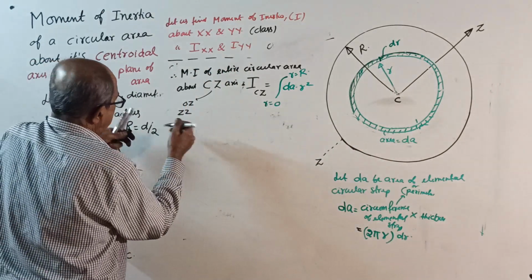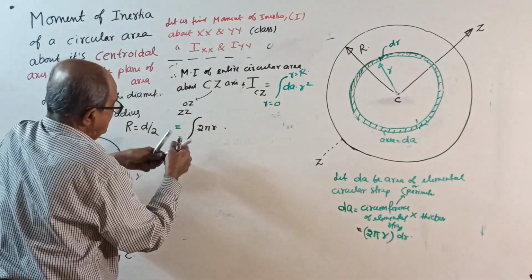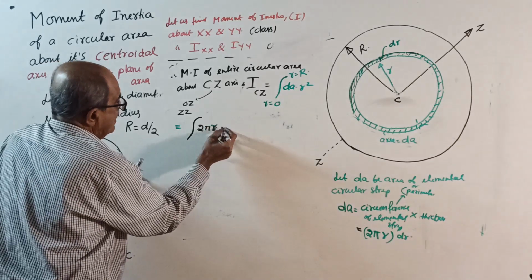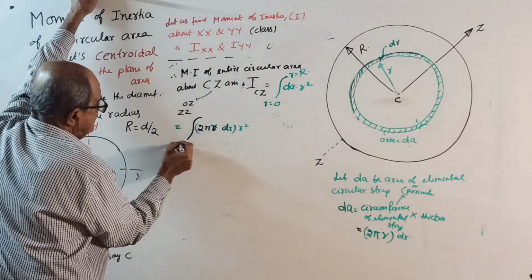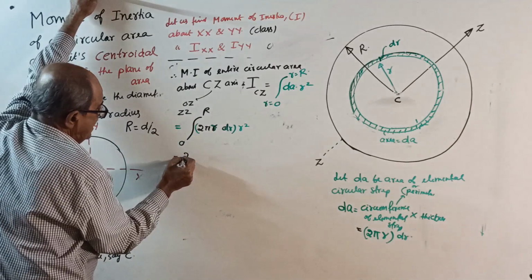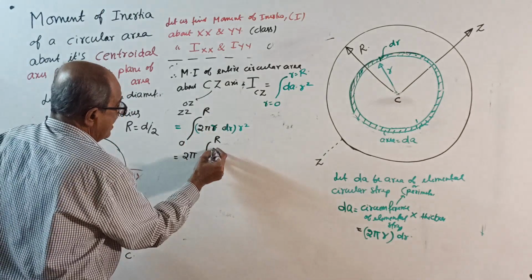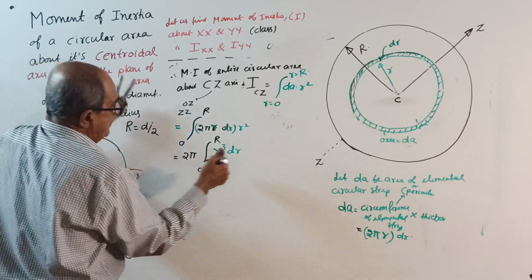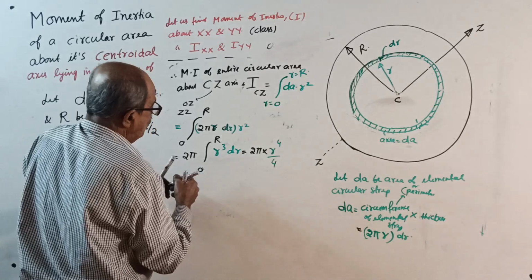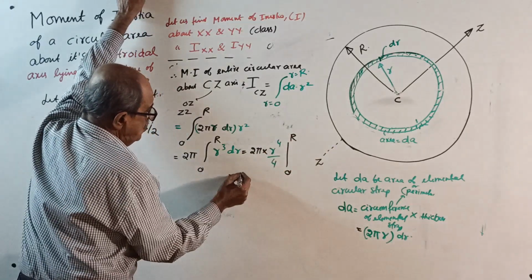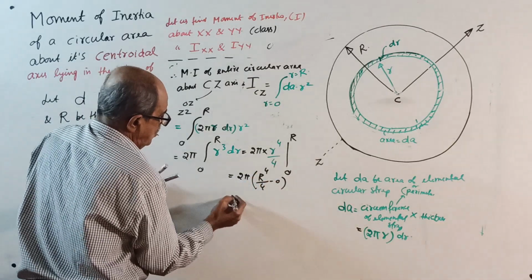It equals the integration of dA, which is 2 pi r dr, where r is a variable, into r square, from 0 to R. I can take 2 pi outside: integration from 0 to R of r cube dr. This equals 2 pi into r power 4 divided by 4, from 0 to R, which is 2 pi into capital R power 4 by 4 minus 0.